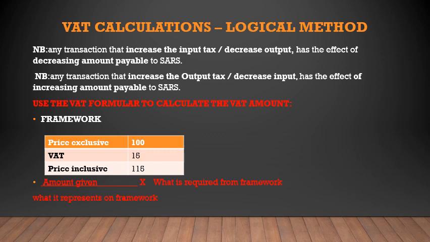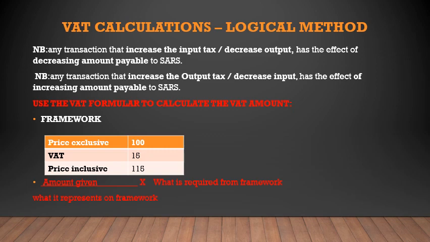So I have designed a framework where we indicate that naturally price exclusive, this is price before VAT is added, is always represented by 100. Our current rate for VAT is 15%. Then price inclusive, selling price after adding VAT, it will be represented by 115.